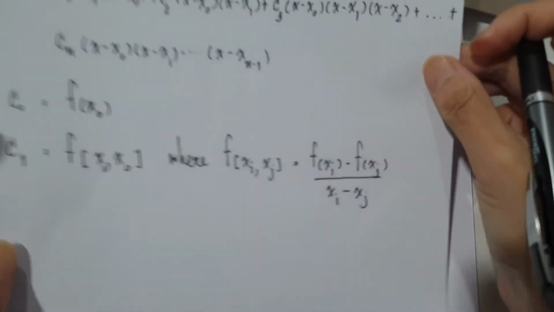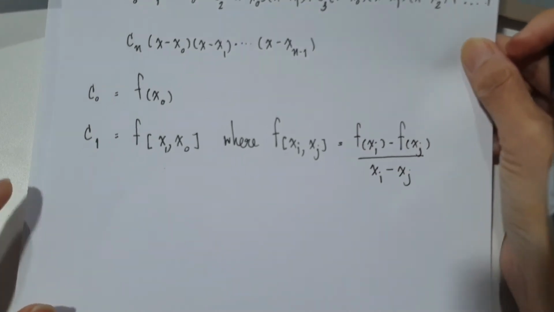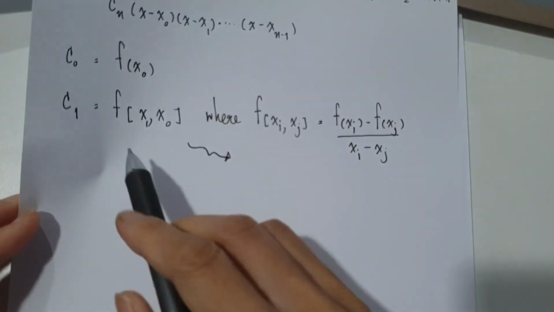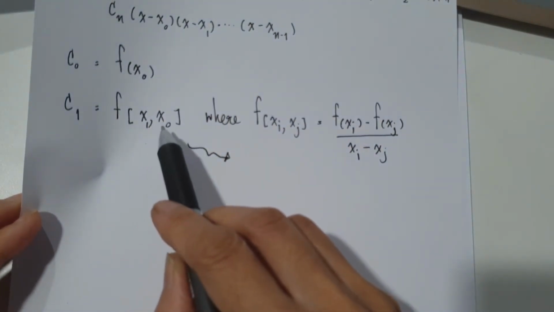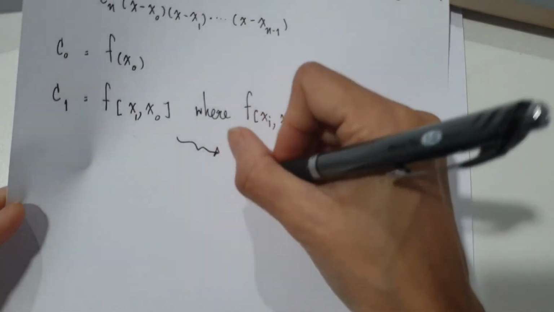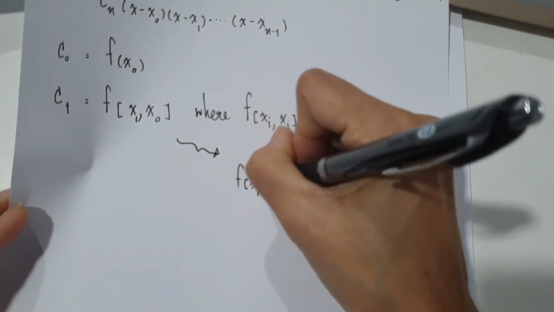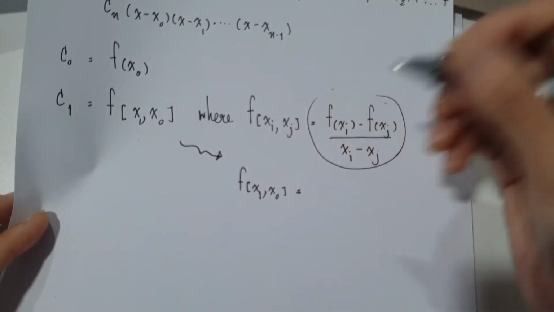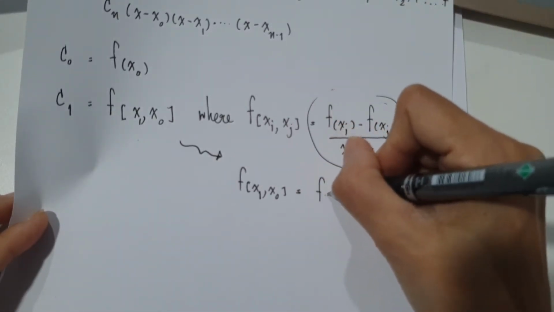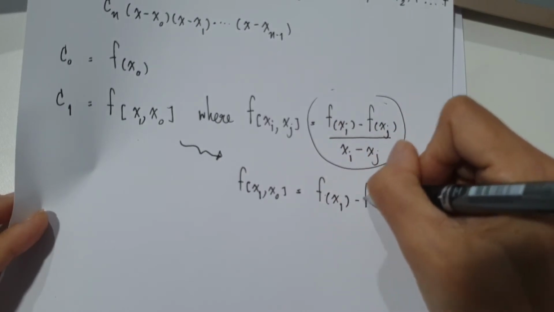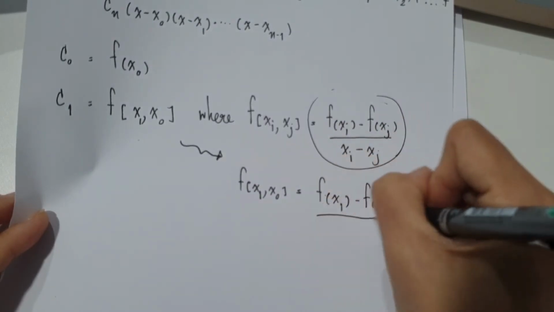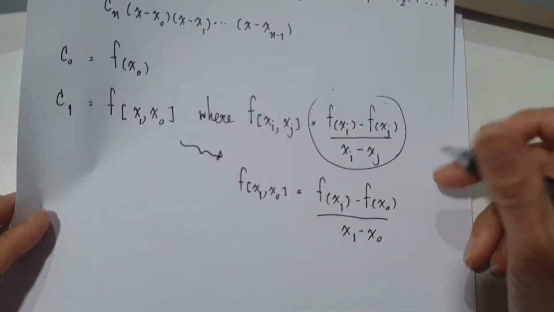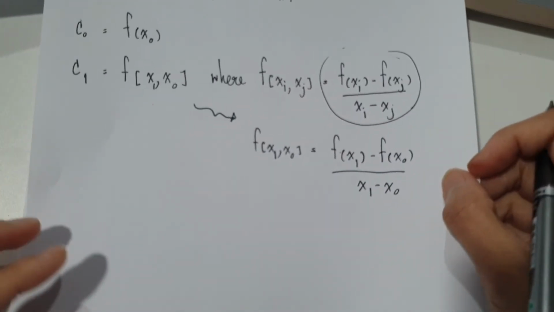Okay, this is C1, right? So from here, if you find f[x1, x0], you get (f(x1) minus f(x0)) divided by (x1 minus x0). So it is the same as we derived previously.